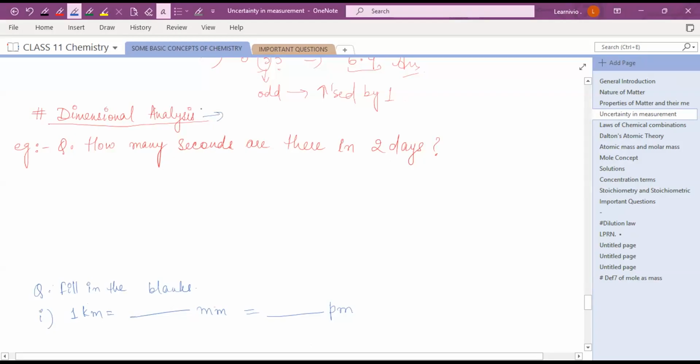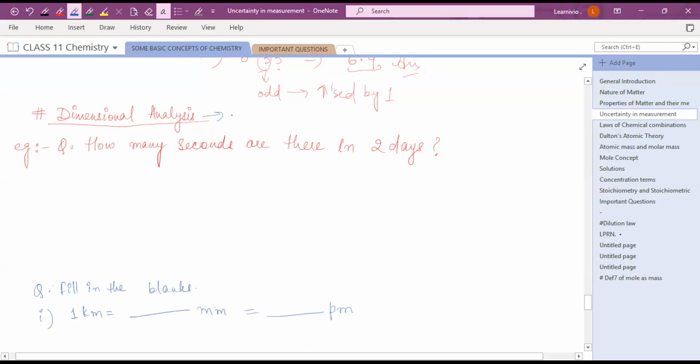In calculation, we need to convert one unit to another unit.